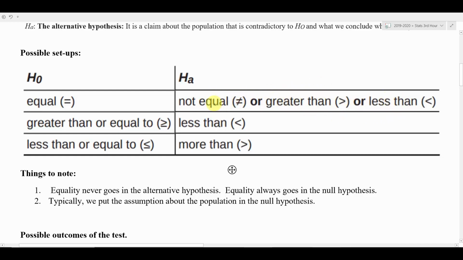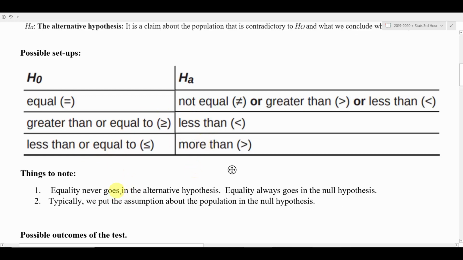Those would all be contradictory to the idea that something is equal. Okay. If I have a null hypothesis that specifically says something is greater than or equal to, then my contradictory statement would be that it's strictly less than. Okay. And then obviously for less than or equal to, so if my assumption about the population is that it's less than or equal to, then the contradictory statement would be that it's more than. Okay. Strictly more than.